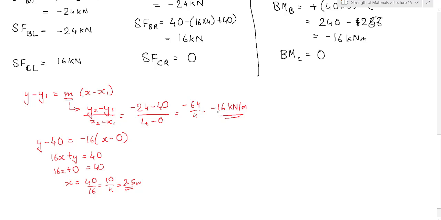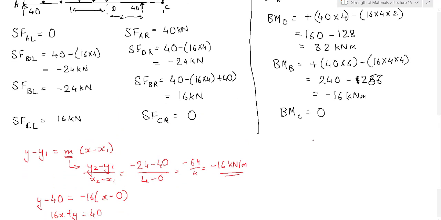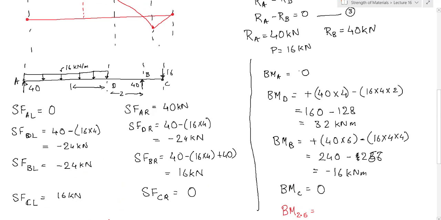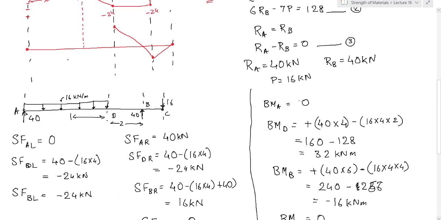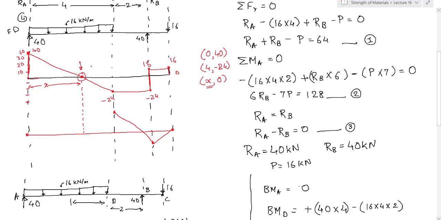So can we find out the bending moment at this point? We can find out the bending moment at a distance of 2.5 meters. Over here, what all forces are acting to the left?